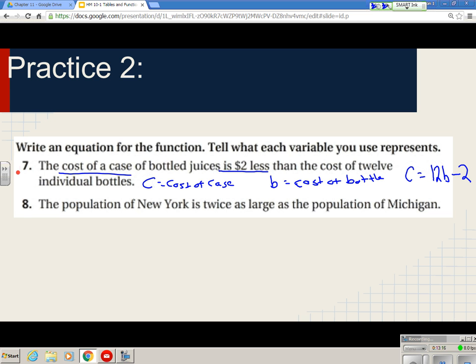So that's how you come up with the answer of C equals 12 times B minus 2. You're going to have to figure out what the cost is for an entire case and then just subtract $2. Now, go ahead and try number 8 on your own. Look for your variables and what you can label them, and then write out your equation.